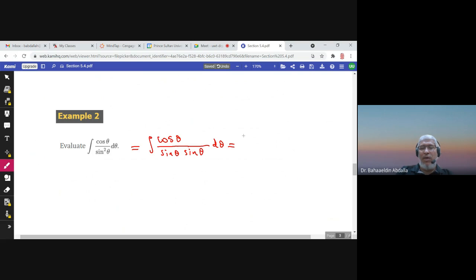Now I can also write this as cosine theta over sine theta times 1 over sine theta d theta, because if you multiply these two fractions, you get cosine theta times 1 in the numerator, and sine theta times sine theta in the denominator. Then what is cosine over sine? Cosine over sine is cotan, and 1 over sine is cosecant.